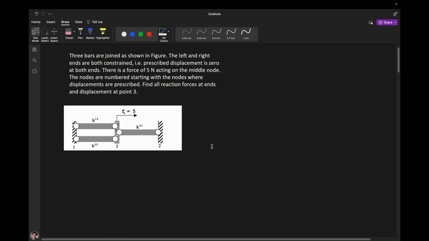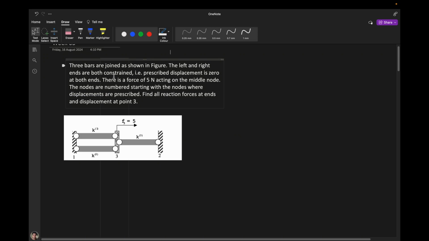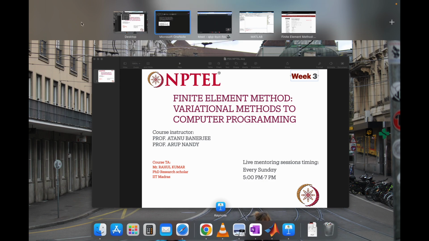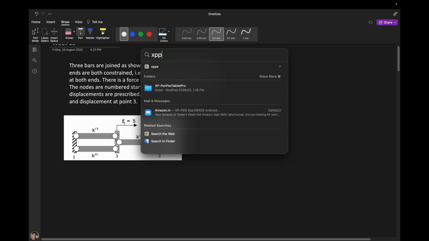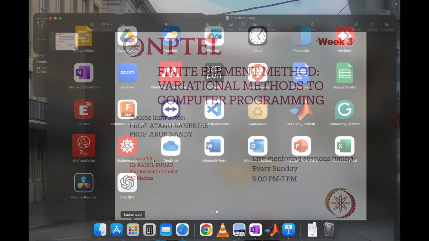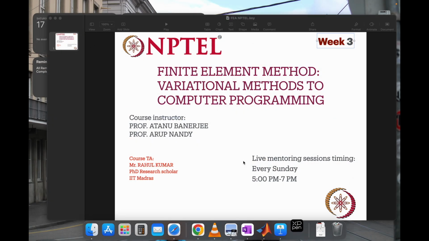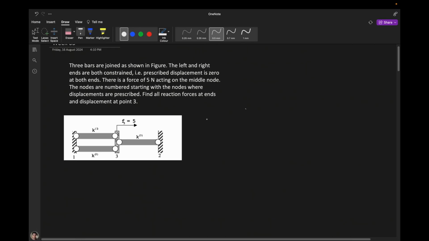So first, you already know that in this case we always, okay, wait. You can see that there are three bars.